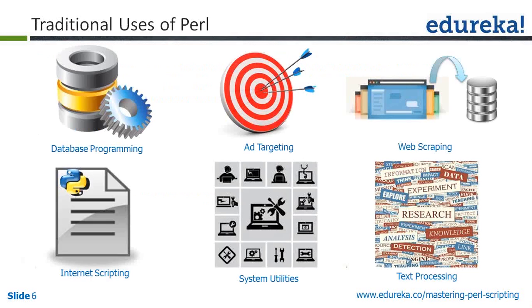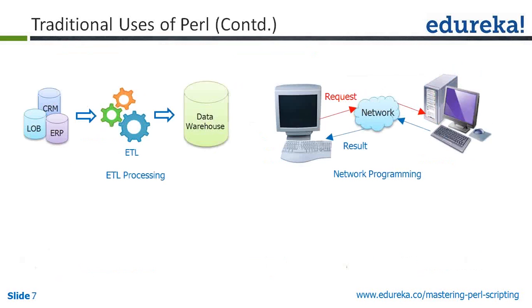Now, the next thing is where we can use Perl. The simple answer is everywhere. There are no specific reasons where we cannot use Perl. It started with database programming, maybe any kind of data developers you have, ad targeting, web scraping, internet scripting, system utilities, text processing, ETL.